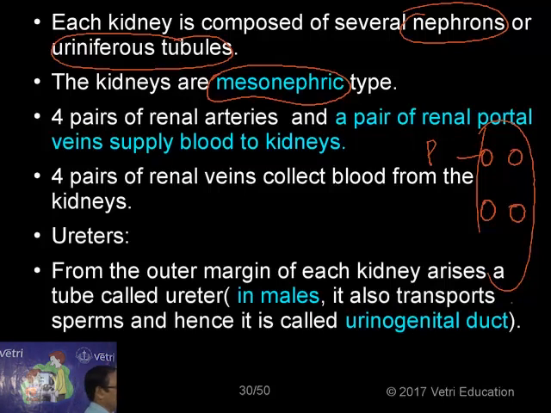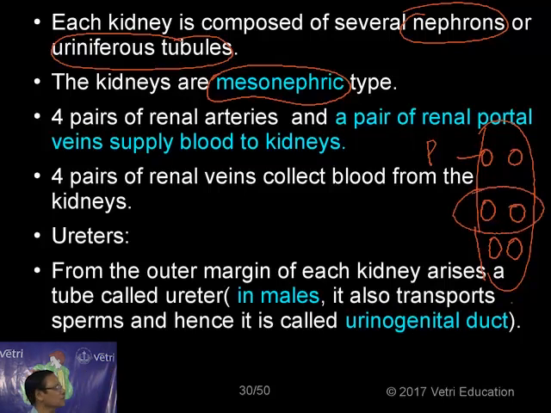In reptiles, birds and mammals, the kidneys are formed at the posterior end; that is called metanephric kidney. So pronephric, mesonephric, metanephric are the different types of kidneys. In the frog, the kidneys develop in the middle part of the body during embryonic development, hence called mesonephric kidney. Even in fishes, the kidney is mesonephric.